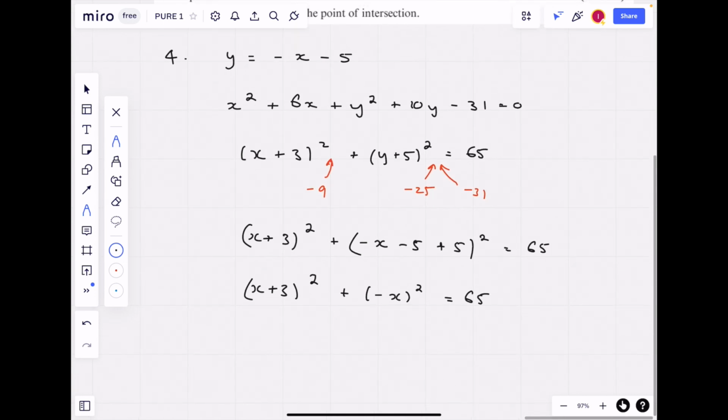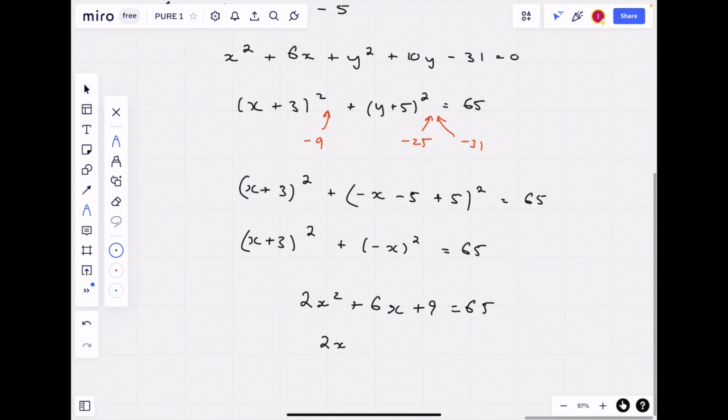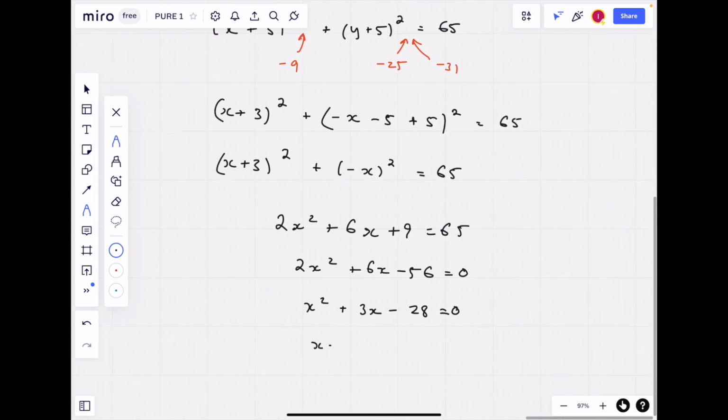You're going to expand and simplify. That will take you to 2x squared plus 6x plus 9 equals 65, which makes 2x squared plus 6x minus 56 equals 0. Divide it all by 2. x squared plus 3x minus 28 equals 0. So x equals minus 7, x equals 4.